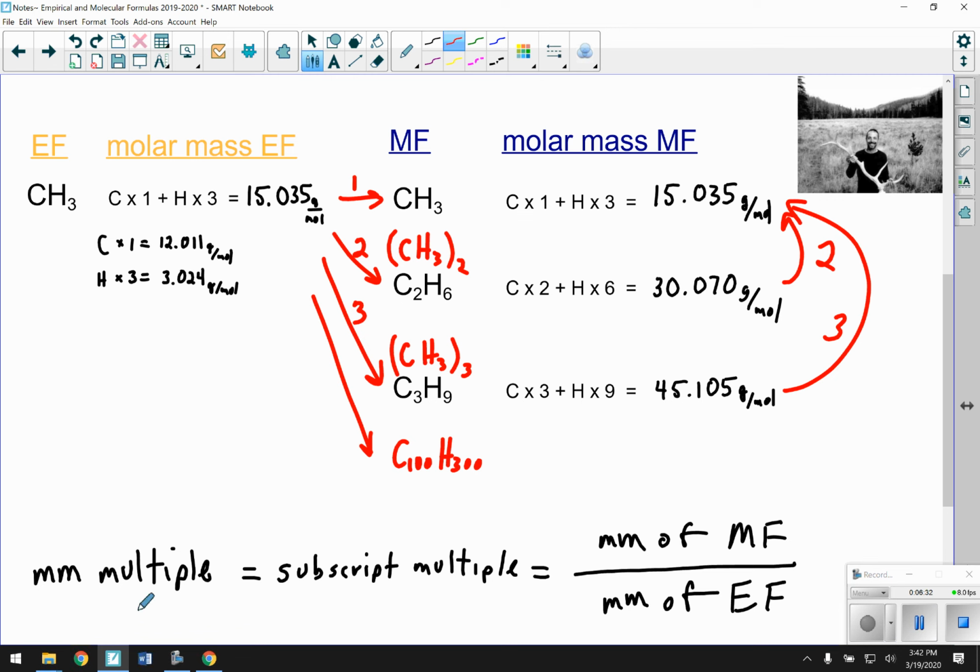Well, that molar mass multiple is the subscript multiple, but where would I get this multiple? Well, you're going to take the molar mass of the molecular formula and divide it by the molar mass of the empirical formula. Okay? So let's go through a sample problem using this newfound knowledge.